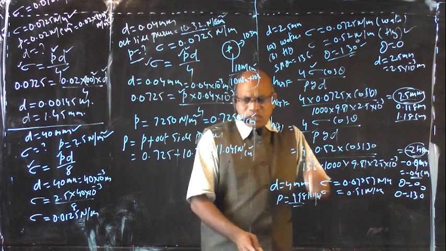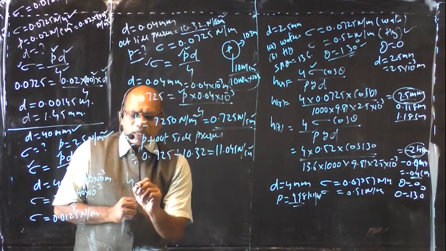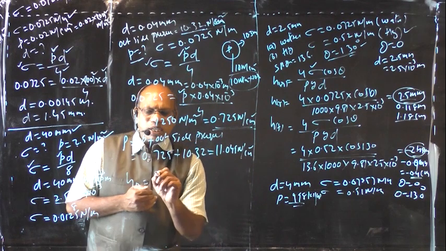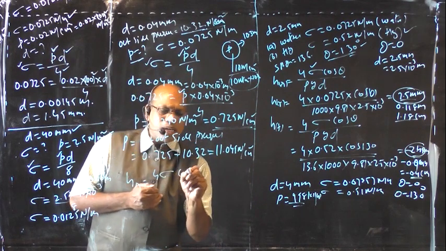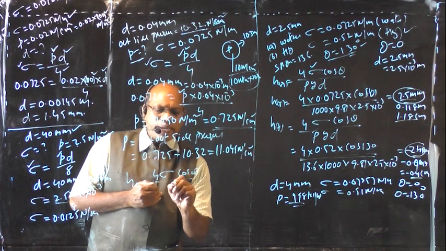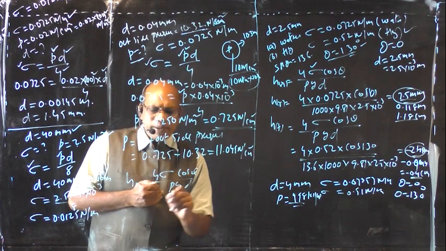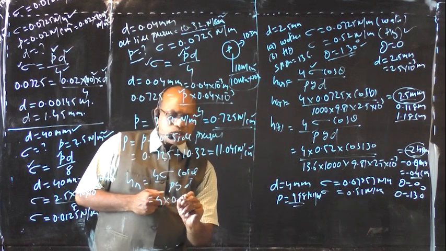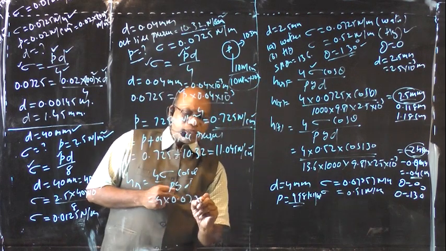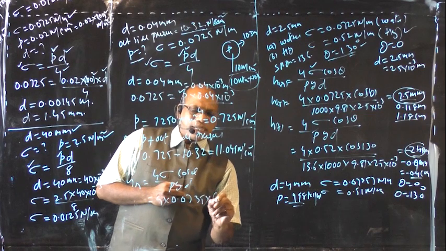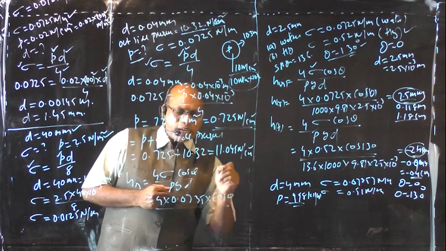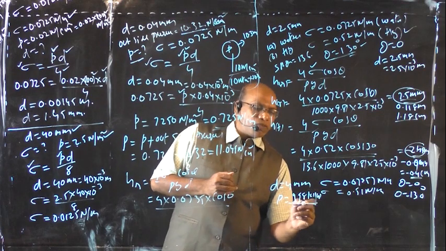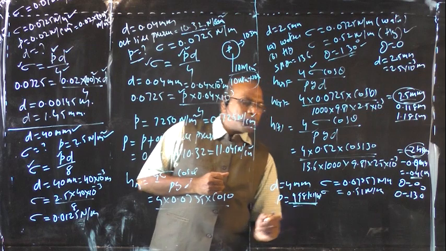This is the difference. Same standard formula: capillarity raise, if the glass tube is immersed in water, is equal to 4 sigma cos theta divided by rho GD. This is equal to 4 into sigma for water given, 0.0735, into cos theta, which is 0, divided by density of water. But here the density of water is given at 20 degrees temperature, 998 kg per meter cube.